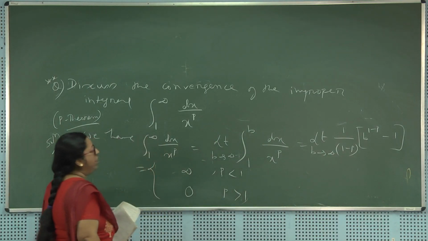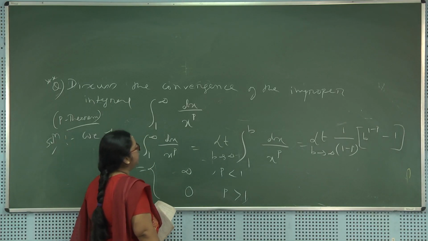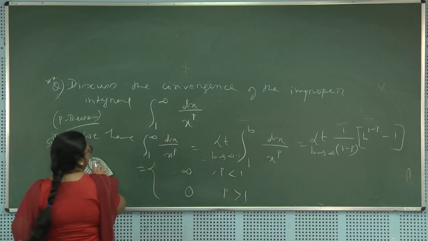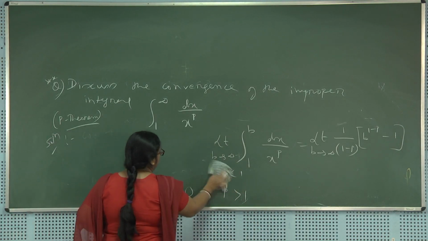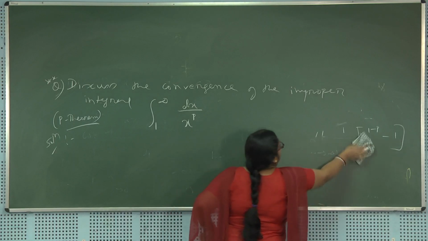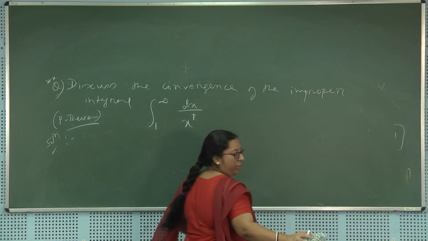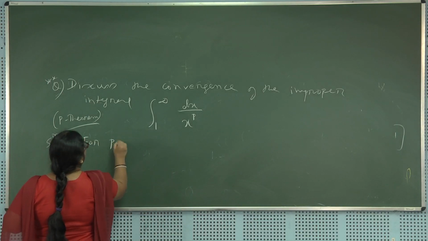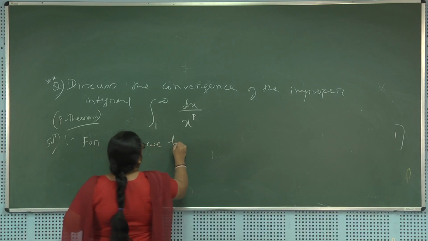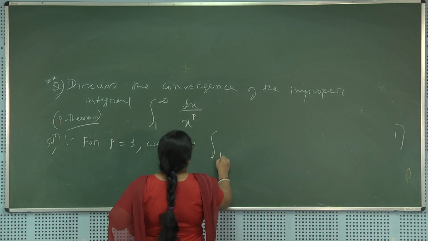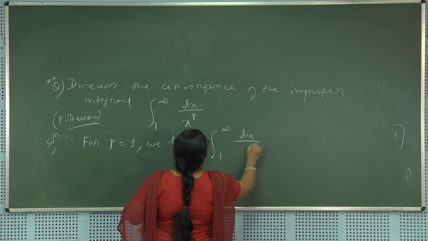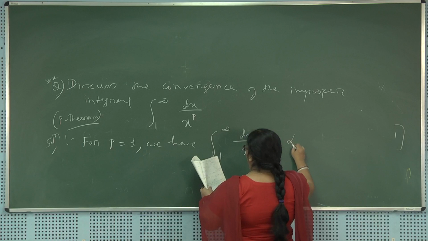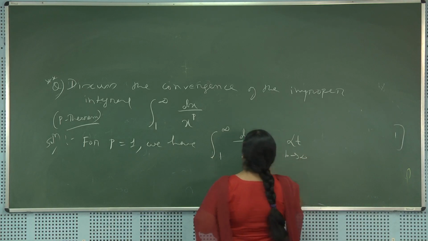Now, the case comes of what will happen if p is equal to 1. If p is equal to 1, remember, we have to do it by direct substitution. So, this is the way we will do that. For p equal to 1, we have the integral from 1 to infinity of dx, and p is 1, so it is just x. So, dx upon x is log x. This will be limit b tends to infinity. Remember, we have to make it a proper integral.